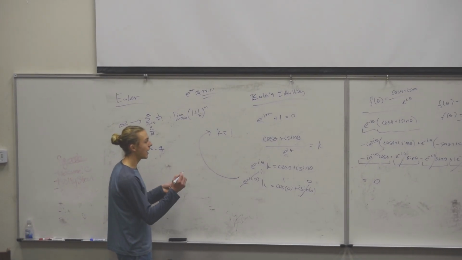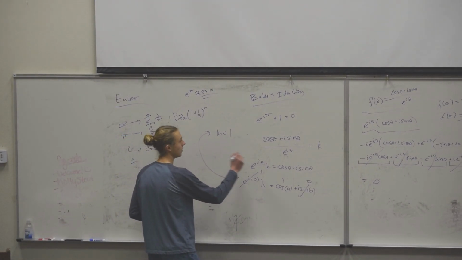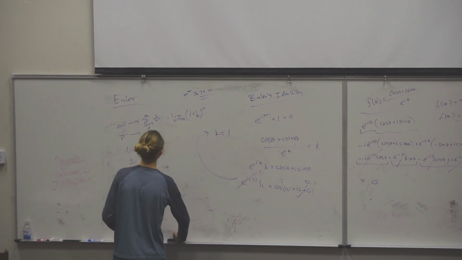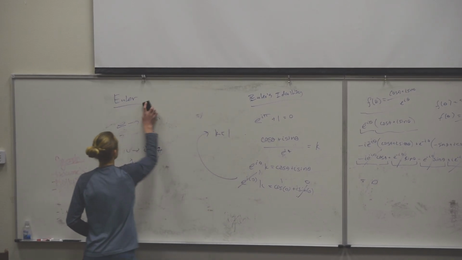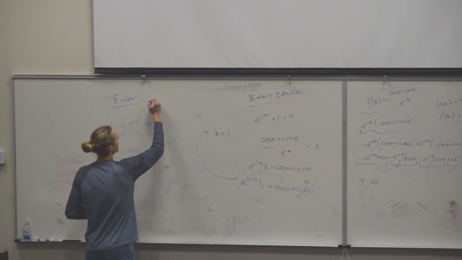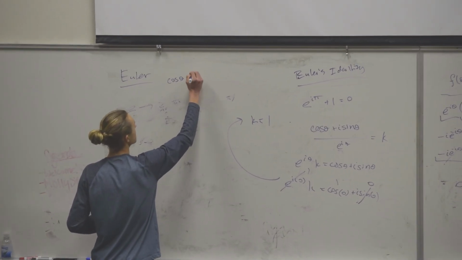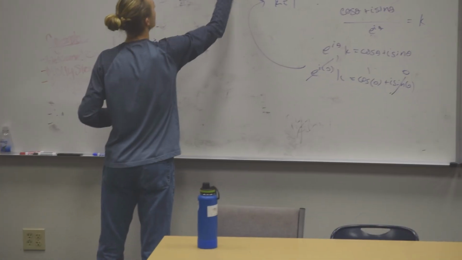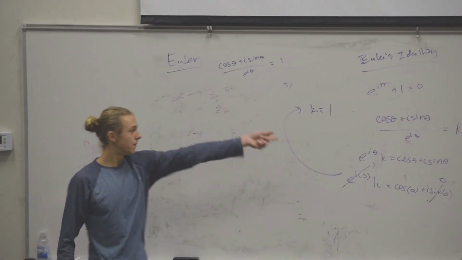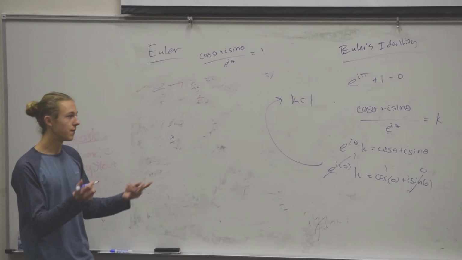And so my actual function, if I rewrite it over here, is that if k is 1, cosine theta plus i sine theta over e to the i theta is 1. That's what I've shown here, right? Just by plugging it in and differentiating it.